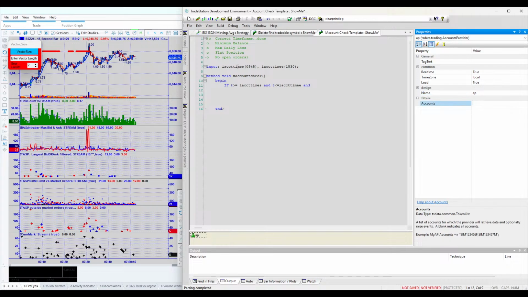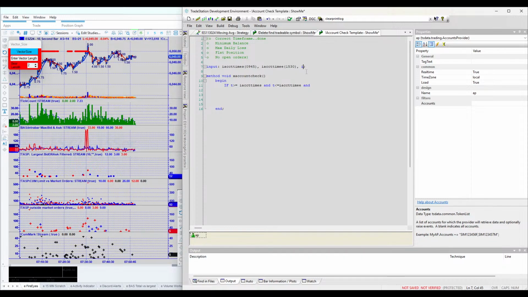I tell you what, let's make that an input too, because like I said, I'm tired of my strategies and everything not being exactly what I want them to be. I want to spend a little bit of time and get everything just right. All right, so I account, and for my sim account, it happens to be sim 237, I think, 237.87.